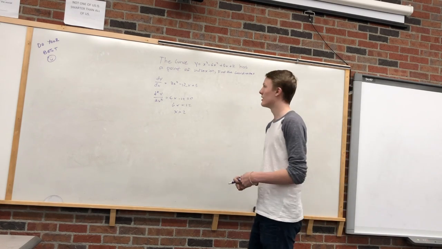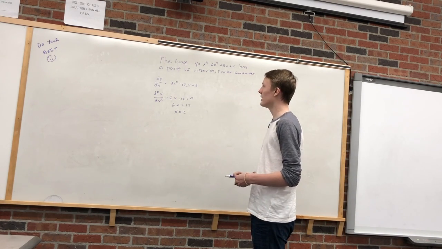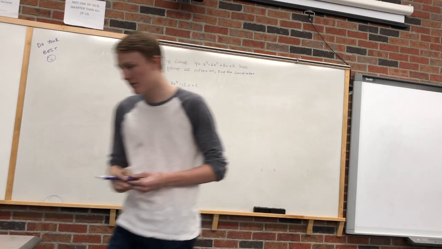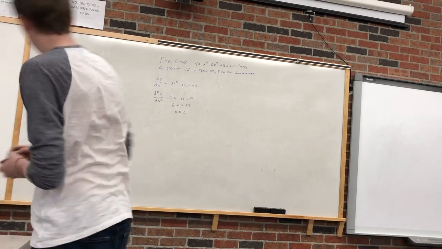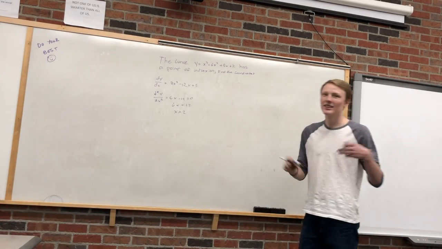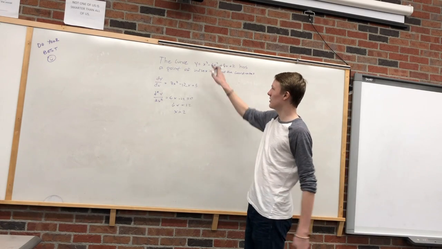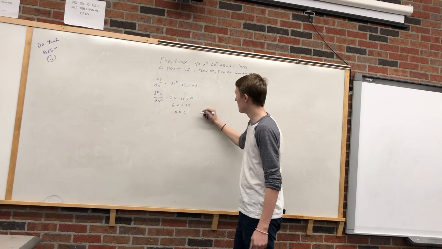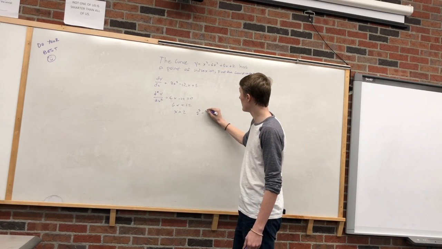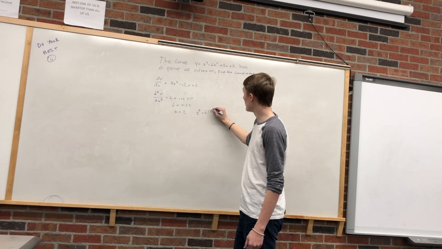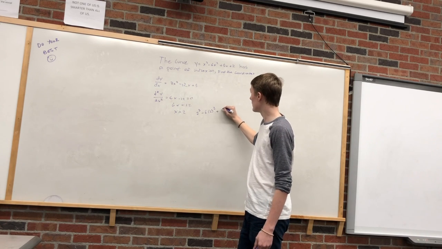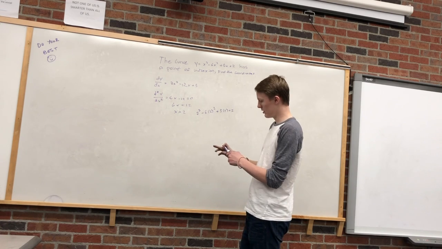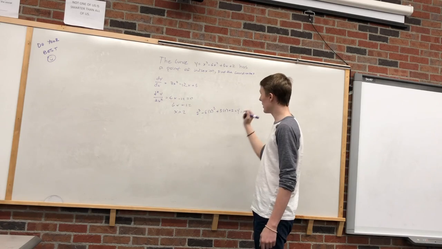Now, to find the other coordinate, we plug it back into the original equation. So we plug 2 into the original equation, and so we have 2 cubed minus 6 times 2 squared plus 5 times 2 plus 2. That will be equal to our y value.